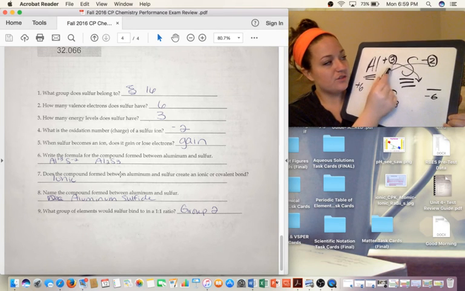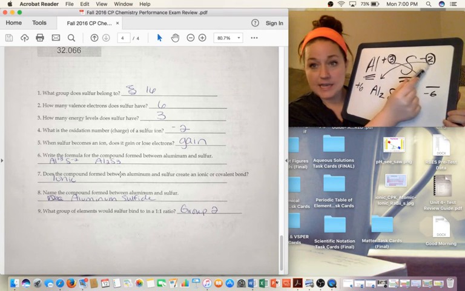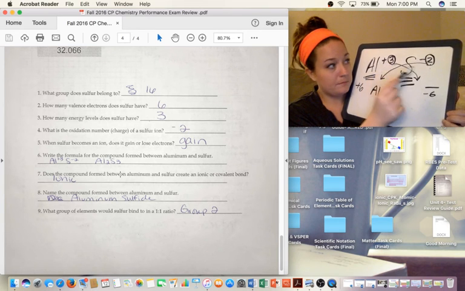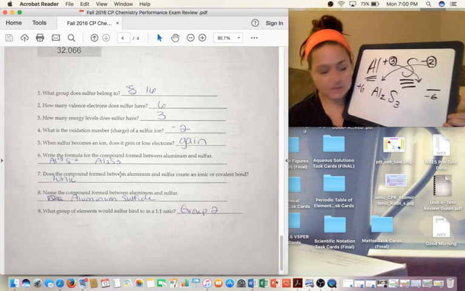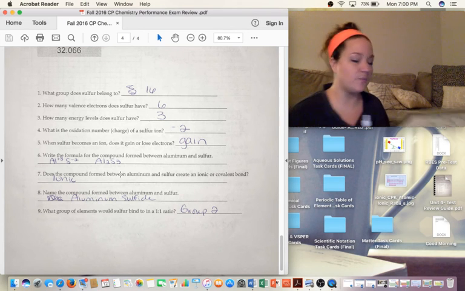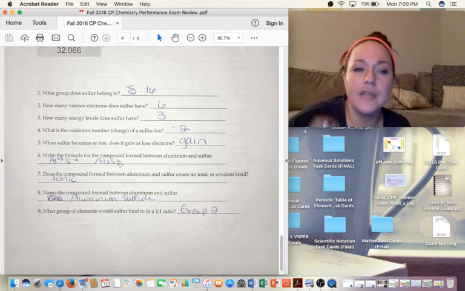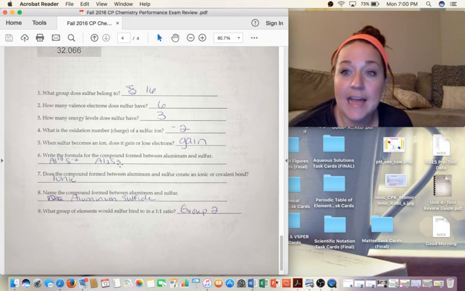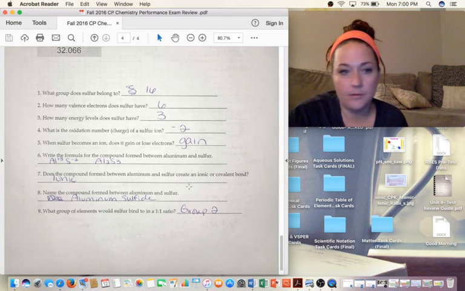Sulfur needs 3 sulfurs of a negative 2 to equal a negative 6. 3 times negative 2, negative 6. So that is what that is. So the answer is aluminum 2, sulfur 3. This is an ionic formation. It is a metal with a non-metal.